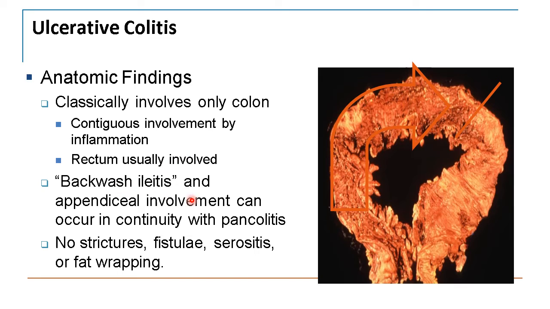Backwash ileitis, inflammation that has backwashed, and appendiceal involvement can occur in continuity with pancolitis, inflammation of the whole colon. No strictures, fistulas, serositis, or fat wrapping complicate ulcerative colitis like those in Crohn's disease.